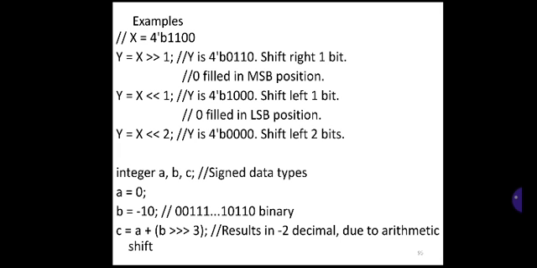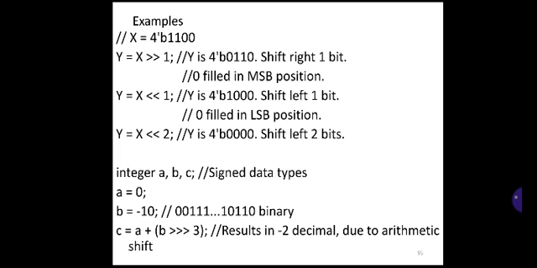The least significant bit 0 will be vanished. Right shift all the other bits by one bit, or one time. So the most significant bit will be vacated, and that vacated bit will be filled with a 0. So the result is the 4-bit binary number 0110.